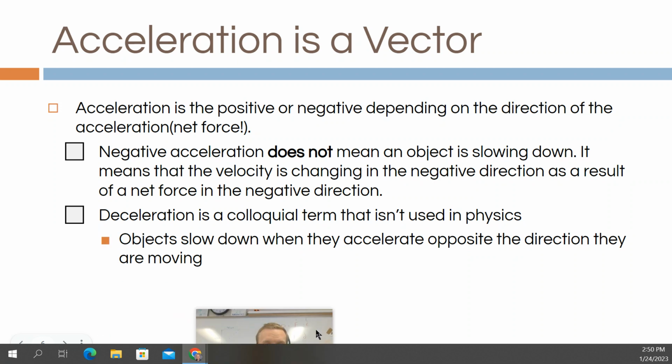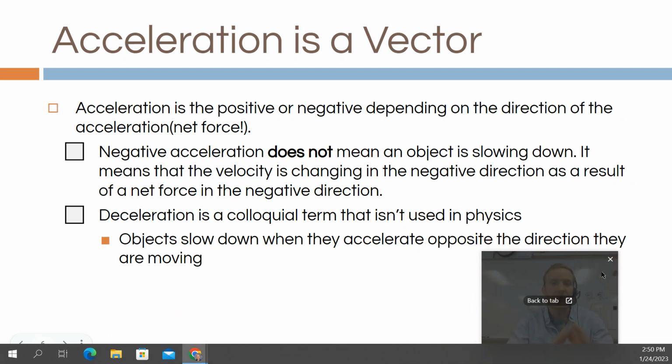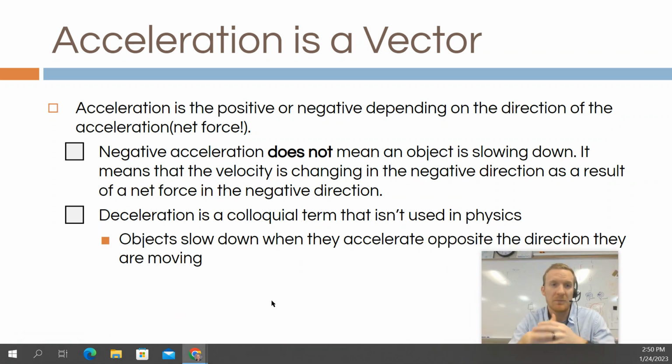So a little bit more about acceleration being a vector. We have to specify acceleration in the positive or negative direction, and that of course depends on whatever we set our positive or negative directions to be. We want to be very careful with the language here. When we say a negative acceleration, that doesn't necessarily mean that your object is slowing down.